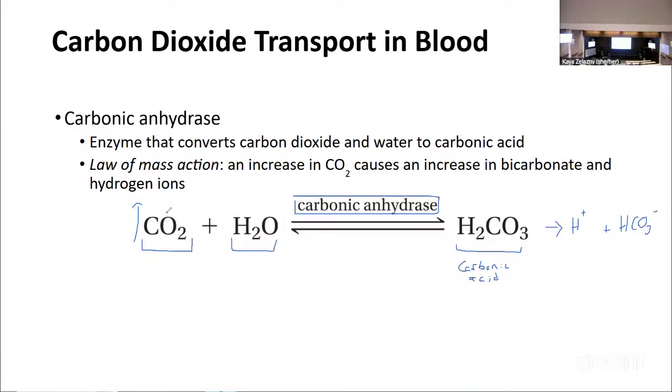So as we have more carbon dioxide, we make more carbonic acid, it dissociates, and so we end up with more hydrogen ions and more bicarbonate ions in the blood, right? So we're reading this the way we want to read it, usually left to right here, although this is actually a reversible reaction. Okay. We'll talk about that reversibility when we get to the kidneys.